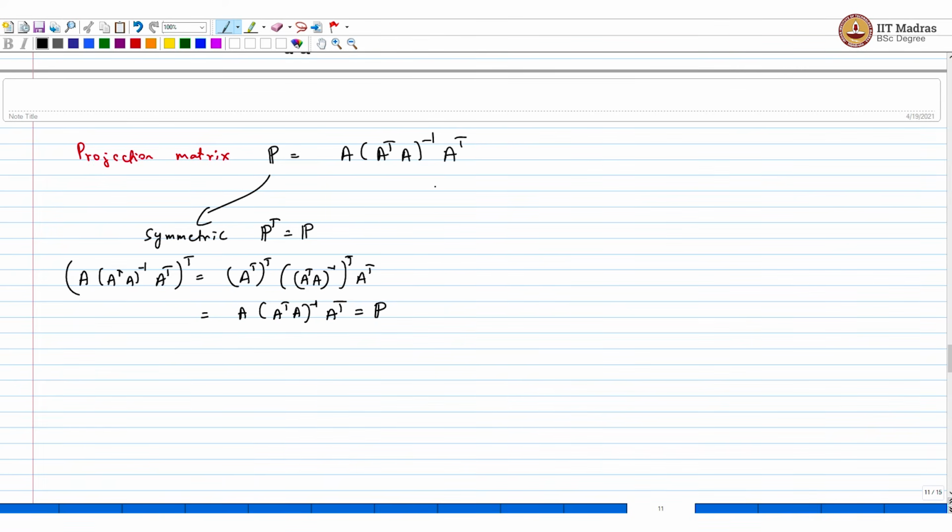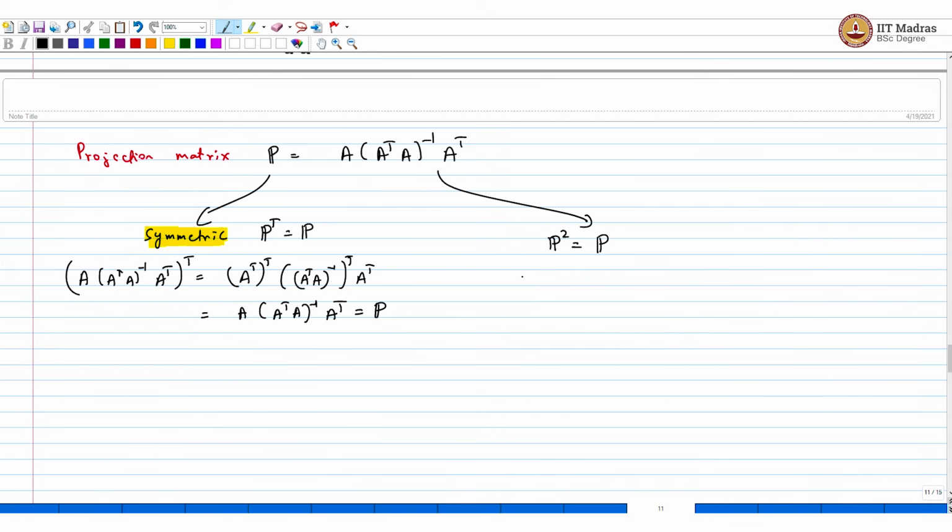The second thing you can check is, so we had symmetric, the second thing that it's going to satisfy is P square equals P. Now this again can be checked.